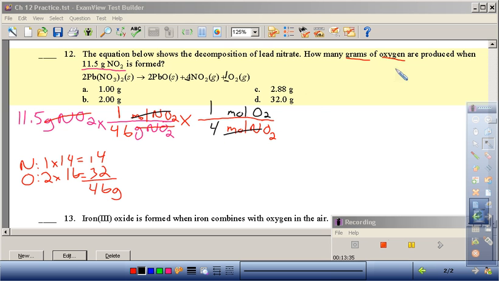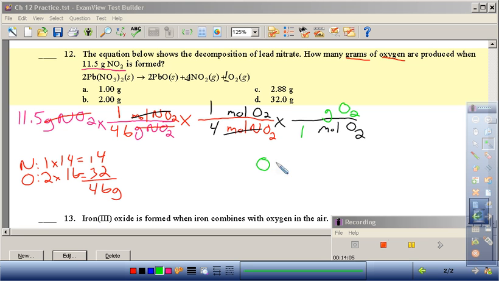Alright, so I'm in moles of O2. So I'm in the right chemical of what I want now, but I'm not in the right units. So I got to do another one. So I'm going to take my unit here, transfer it down there. What can I change moles to? I can change it to grams. And if I'm in moles of O2, I have to go to grams of O2. Grams to mole is always 1 mole.